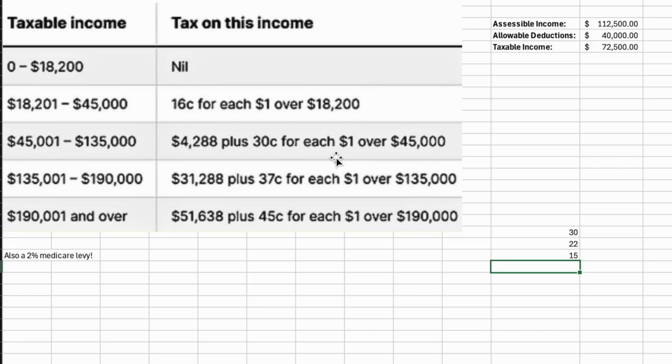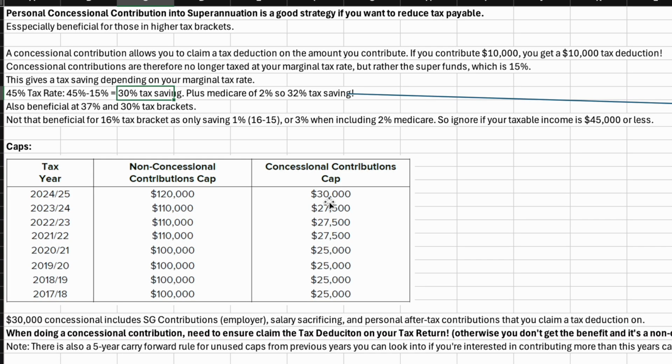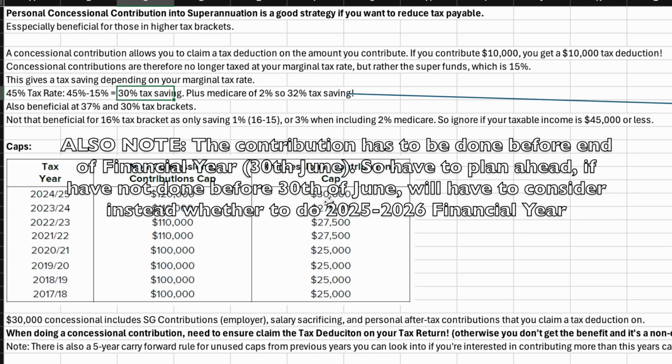Of course, the more you earn, the more beneficial it is. If you earn less than 45,000, don't worry about it. It's not going to be that beneficial because you would only have a 1% tax saving, because the tax rate is only 16%. So that's the benefit of doing a personal concessional contribution into super.